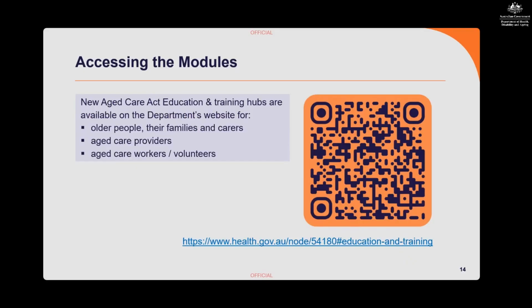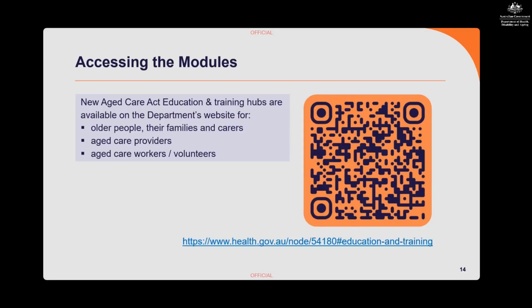Here's the QR code. Training is available on the department's website, and you can access that directly through here, or you can go your usual route. For older people, their families and carers, the e-learning modules are also hosted by OPAN, and the modules are also available as face-to-face facilitator packs to support providers delivering sessions on the changes that impact older people.